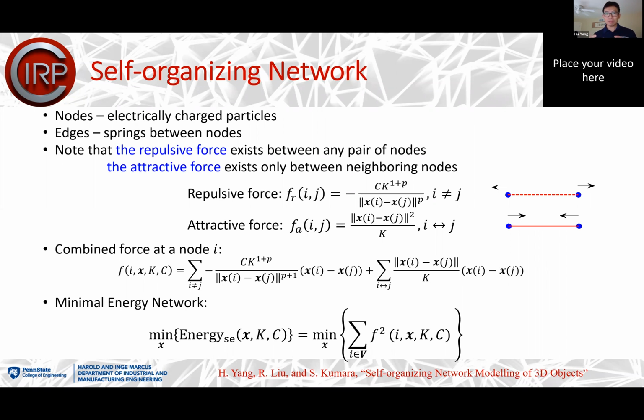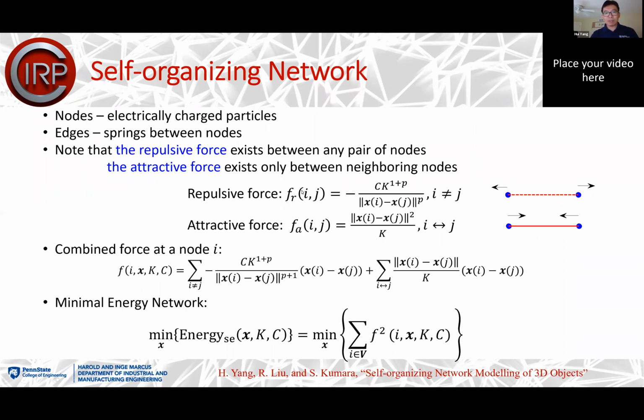If there is repulsive force among them, that means if they get closer, they're going to have repulsive force. But the attractive force only exists between two neighboring nodes. That means if you have a spring connecting the two nodes and you drag it further away, the spring will pull them back. This is called attractive force.